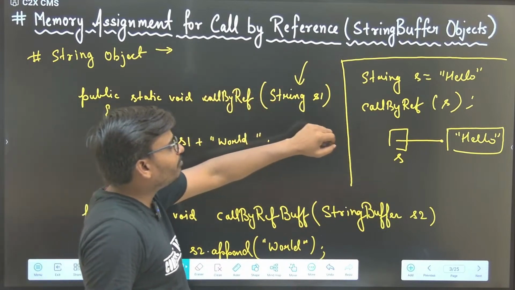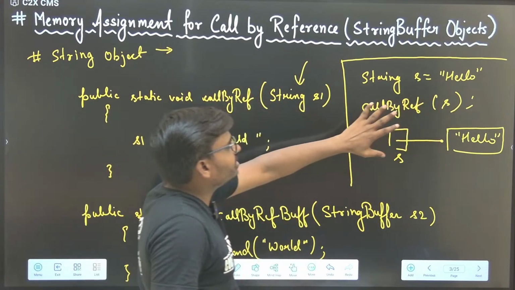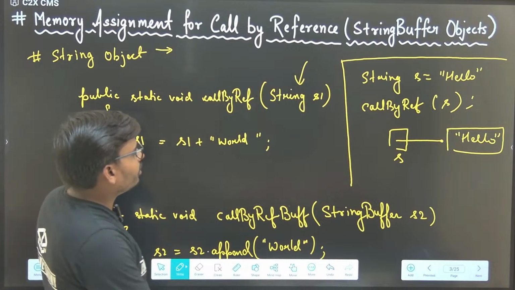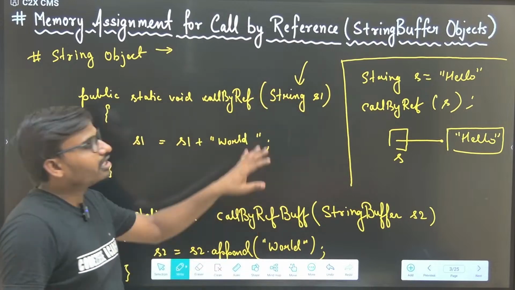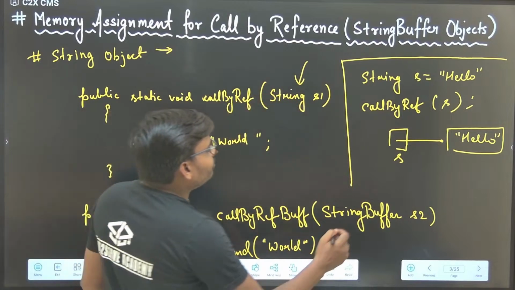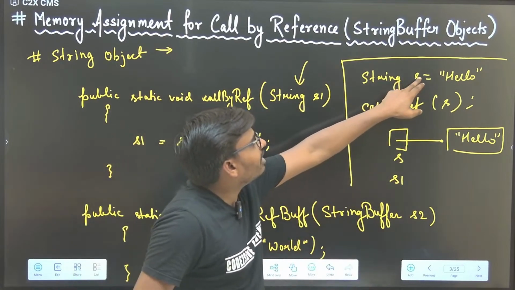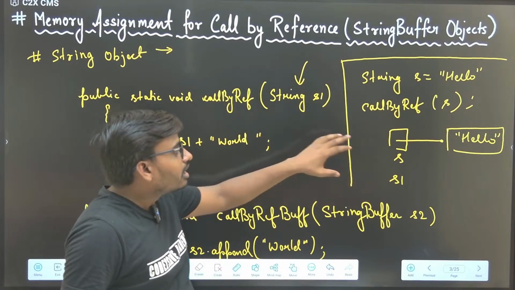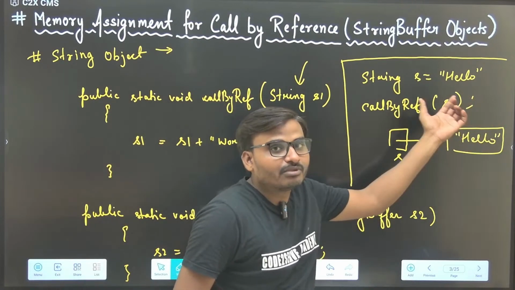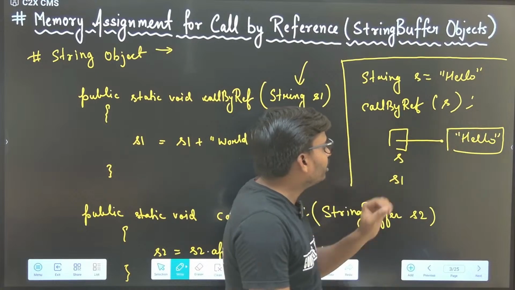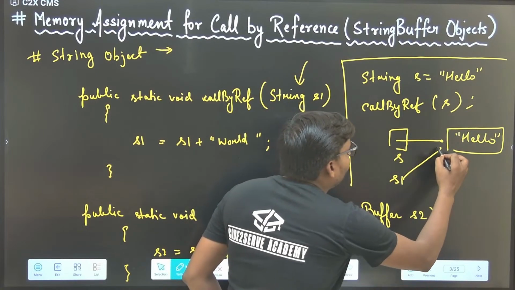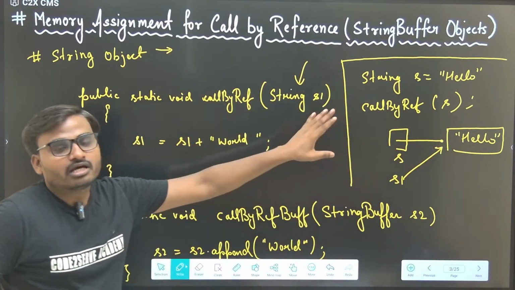Now, what happens when you call this? Suppose here you called it like string s1. So s1 will also be created in the memory, and as you are passing the value hello, a separate memory will not be created. Rather, it will point to the same hello.